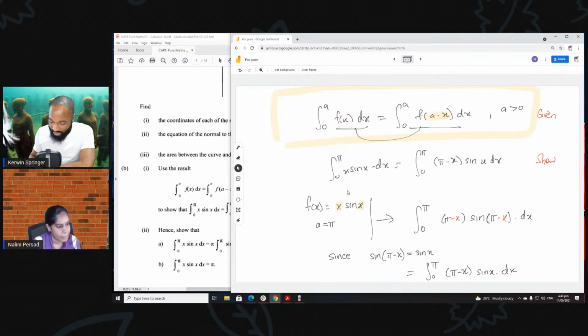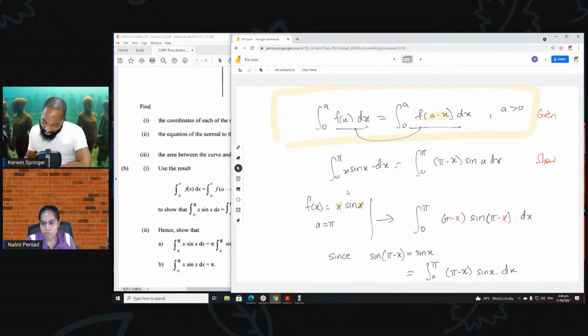They say if you are integrating a function between 0 and a, it's the same as integrating f of a minus x between the same 0 and a, which is an interesting theorem. Anyhow, ignoring that, they want you to show that this is this.